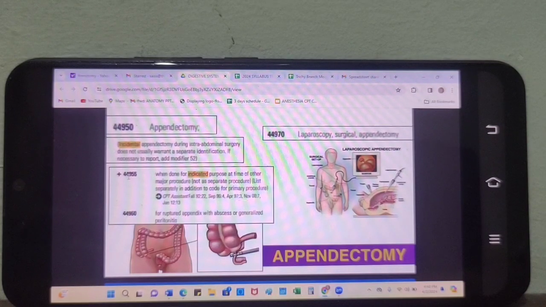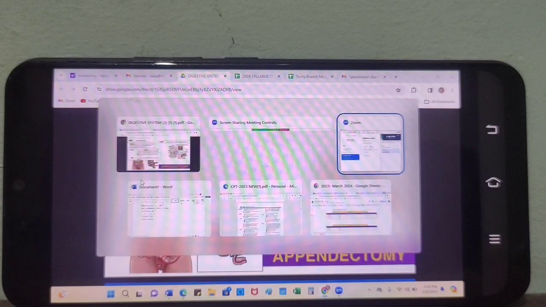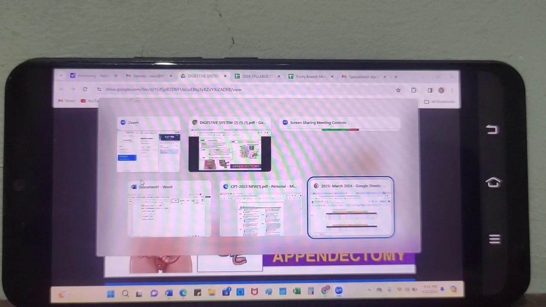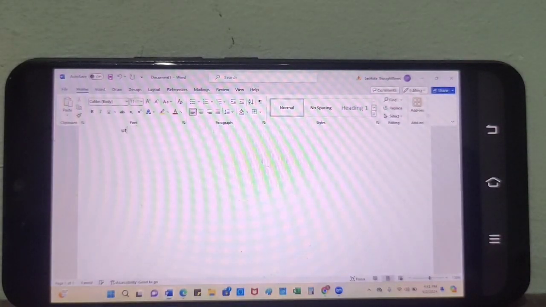So 44950. Should you report, for example, uterus removal with appendectomy?